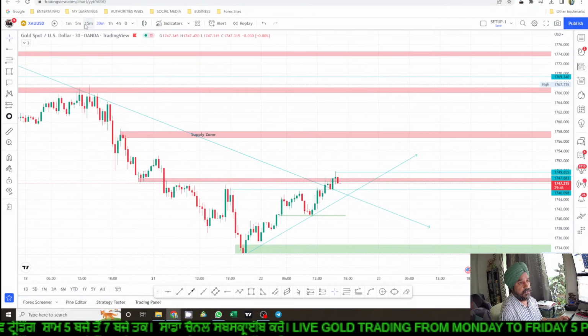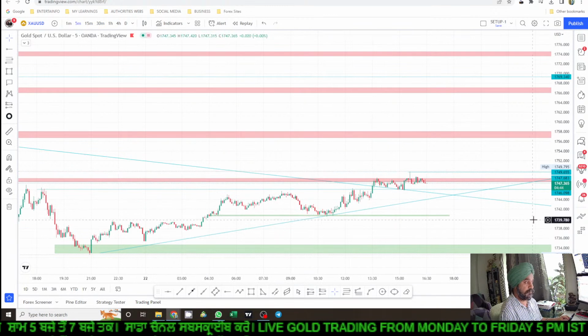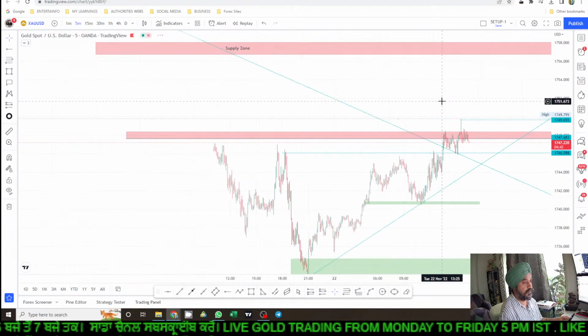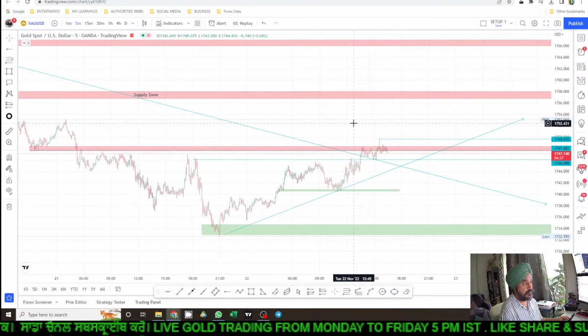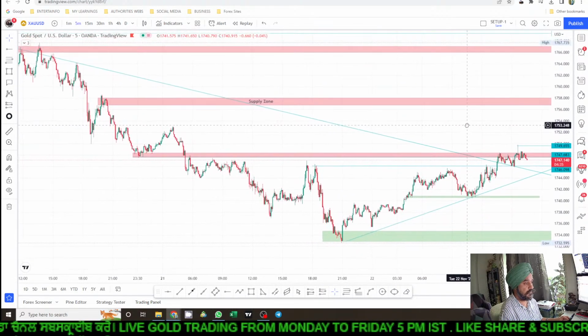So we are still waiting to break upside or downside, but here we are stuck with the price since morning. In 5 minutes we have a totally different scenario.